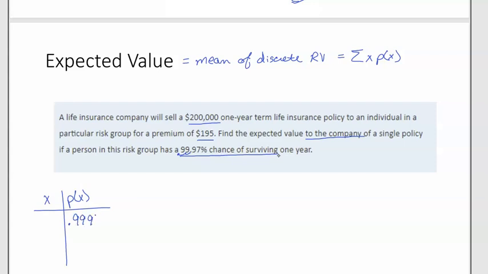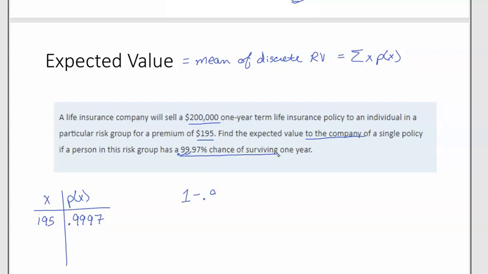So 0.9997 is my probability that they're just going to get that $195 from the buyer.